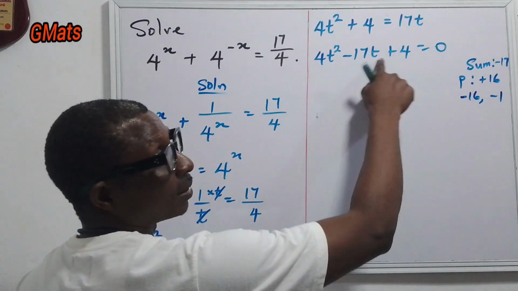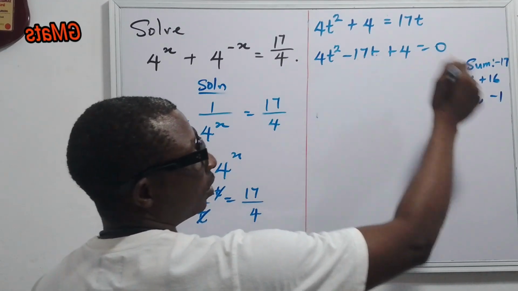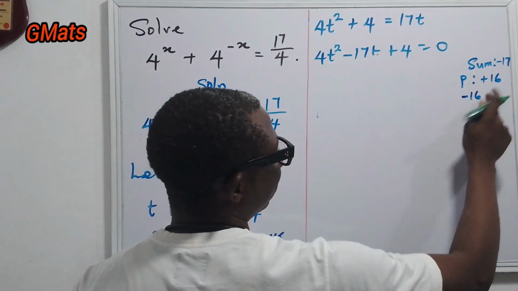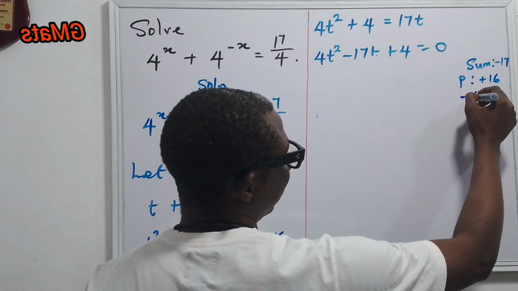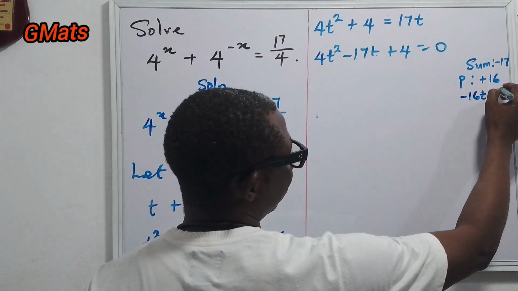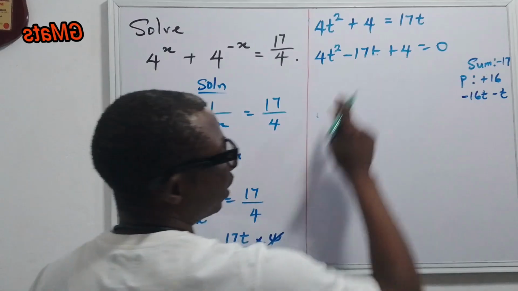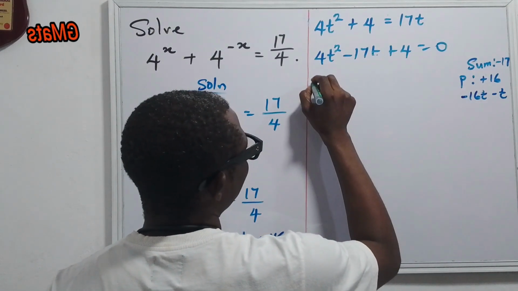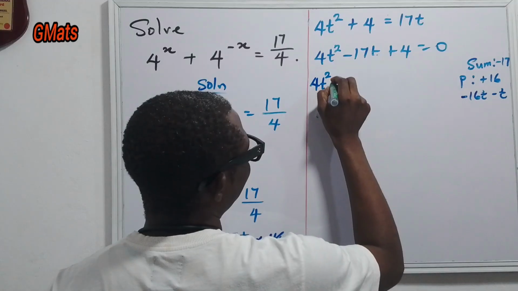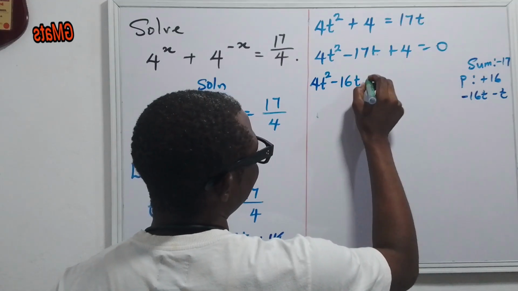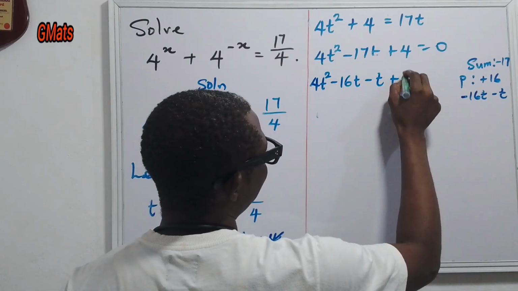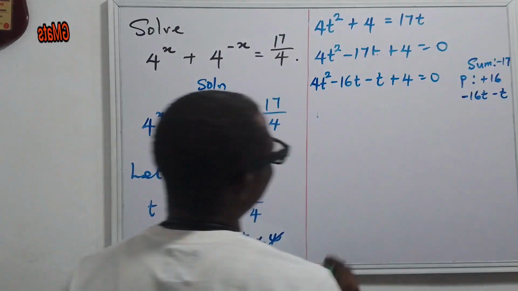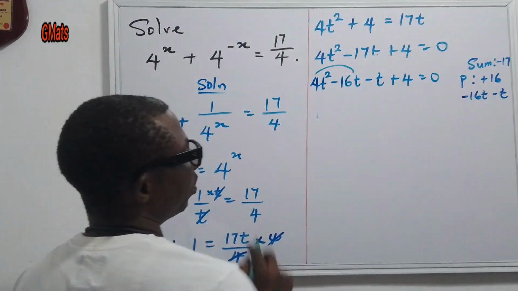Now we want to rewrite negative 17t. That means negative 17t turns to negative 16t, negative t. That's the same thing as negative 17t. So this equation turns to 4t squared, negative 16t, negative t, plus 4 equals 0. Let's look at this first pair.